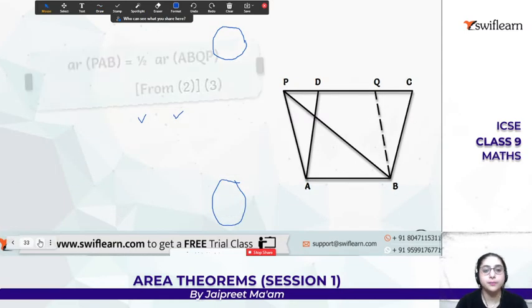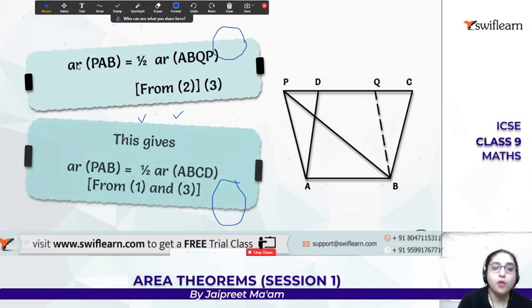Now the area of triangle BAP is half of the area of ABQP from equation 2, and we will put it as equation 3. This gives the area of BAP.